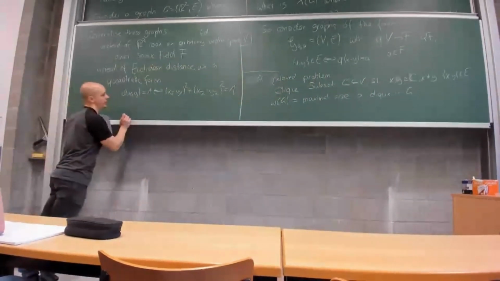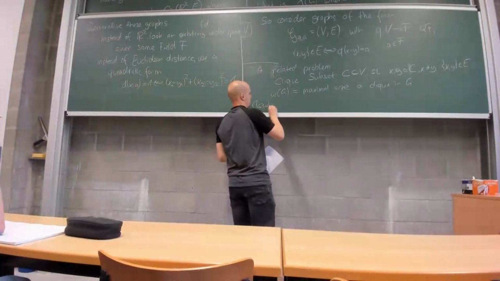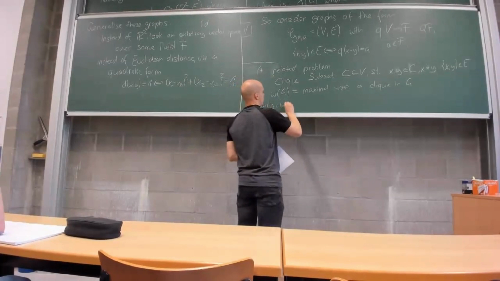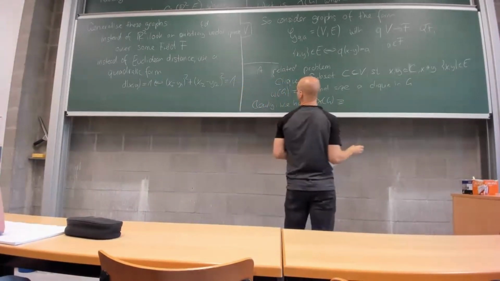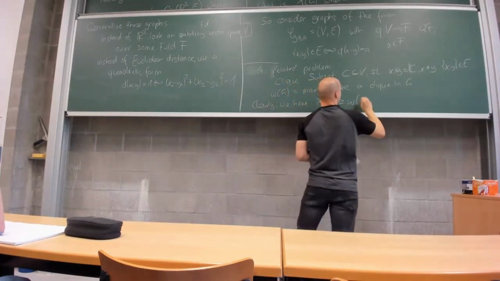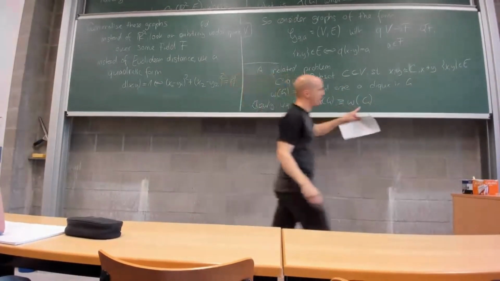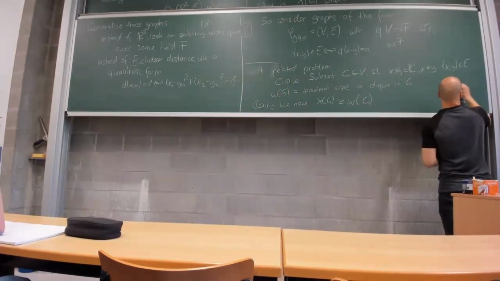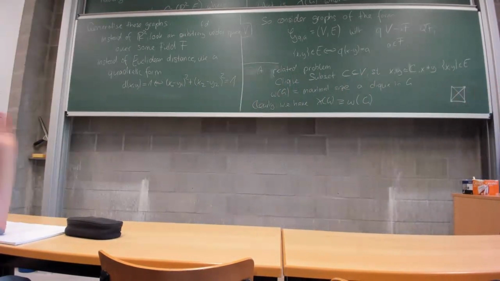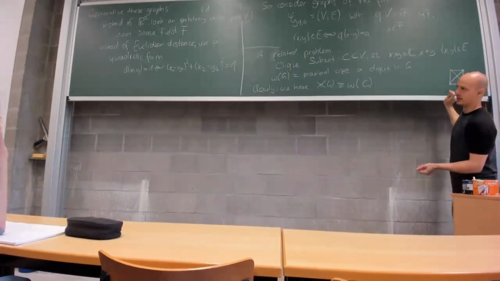So, what's the connection to the chromatic number? We clearly have that the chromatic number is at least the clique number. Since when I have a clique, assume we have a clique of size 4, all these 4 vertices are connected, so clearly they all have to be colored differently.